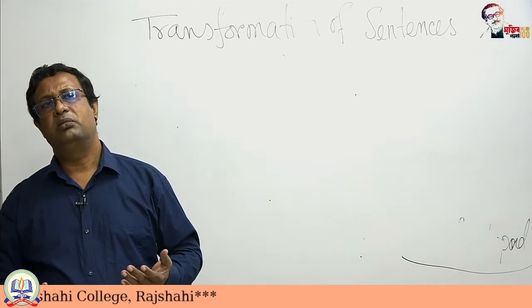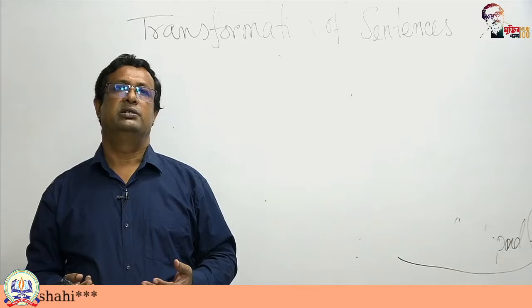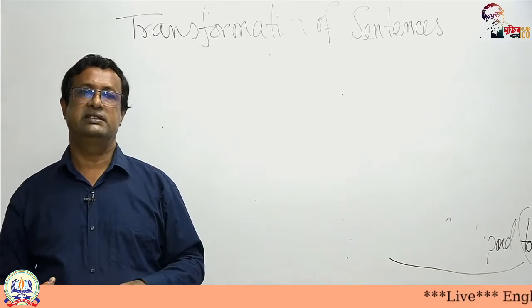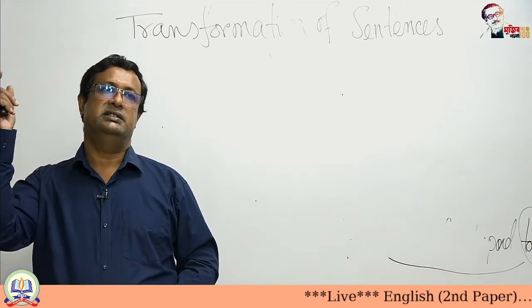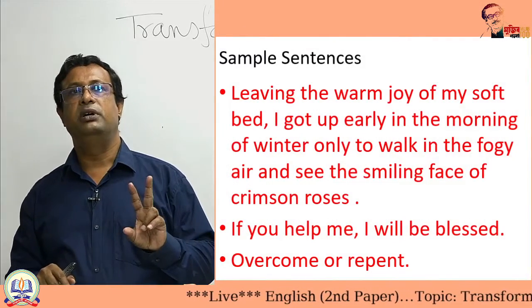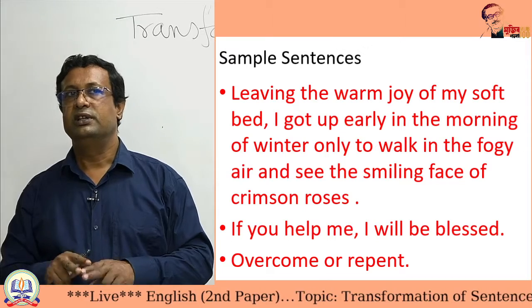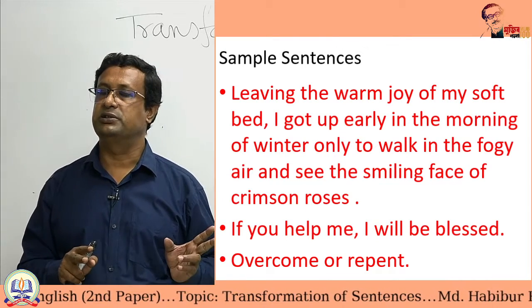So, when you are changing sentences, you have to notice that your changed sentence fulfills the criteria. That is, when you change any simple sentence into a complex sentence, you must have two subjects and two finite verbs, and another thing is a conjunction.